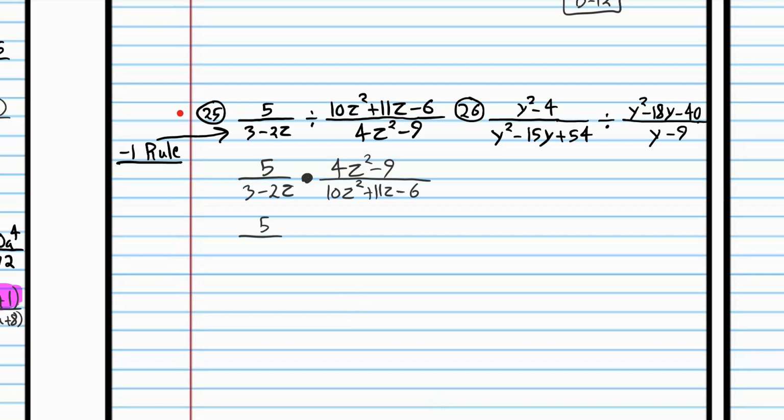All right, and then we're going to factor, but I know that I'm going to use the negative 1 rule here, so I'm just going to go ahead and factor out a negative 1. The difference of two squares. Plus and minus.